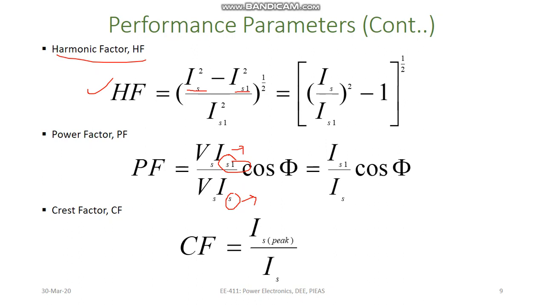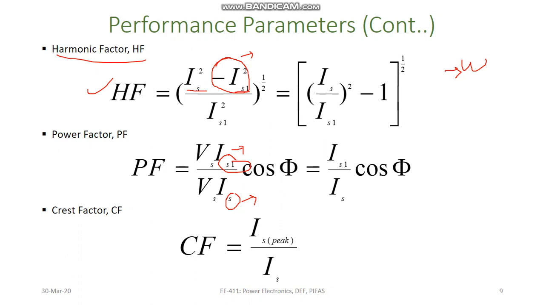The second, third, fourth, fifth harmonics and so on will be at 2 omega, 3 omega, 4 omega, 5 omega, 7 omega. Only the frequency keeps on increasing from omega to 2 omega, 3 omega, 4 omega, 5 omega. So it is desirable to have the maximum amount of power content in the first component of our signal.